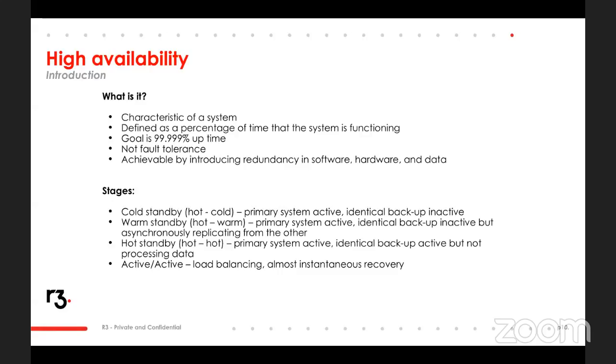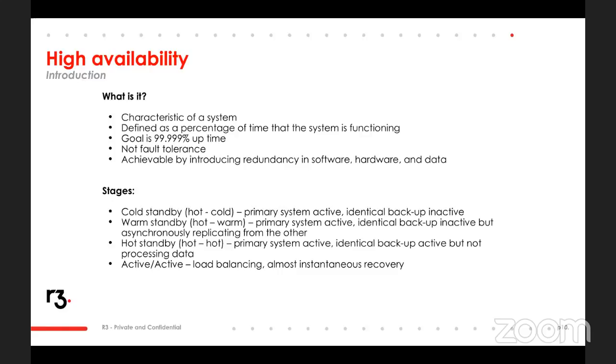This goal should not be confused with fault tolerance, which is no failure. In reality, no system is really fault tolerant. Not even the giants like Google, Amazon are truly impervious to faults and failures. High availability is achievable by introducing redundancy in software, hardware, and data. And in our case, we've actually done this on all sides, on all fronts.